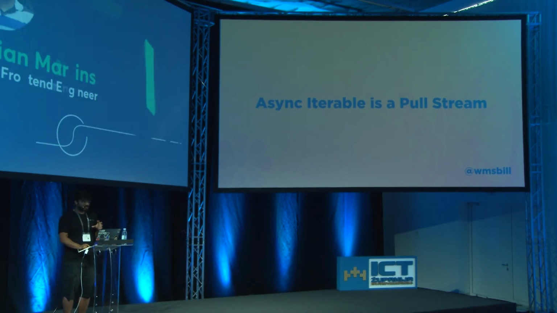What makes the async iterable powerful, since iterable is lazy, is the ability to create pull streams. So this is different from the observables in JavaScript, because observables in JavaScript are push streams. So when you have an observable, you have a pipe of operators that operates over an observable, but then it pushes data down to this pipe as long as you have a bucket under this pipe.